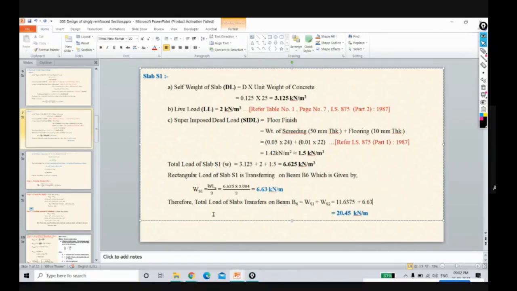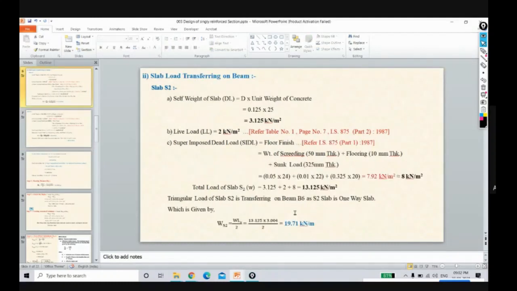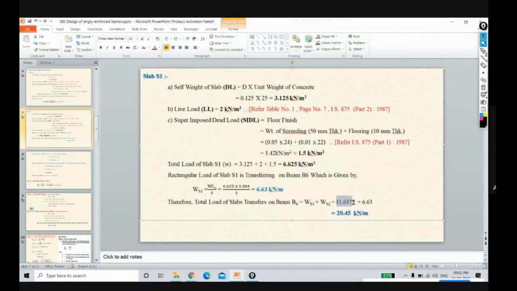Now the total load transferred from S1 and S2 slab: from S2 slab, 19.71, and this 6.63. So 6.63 plus 19.71, it is 26.34 kilonewton per meter. So this is the total load coming from slab to beam.